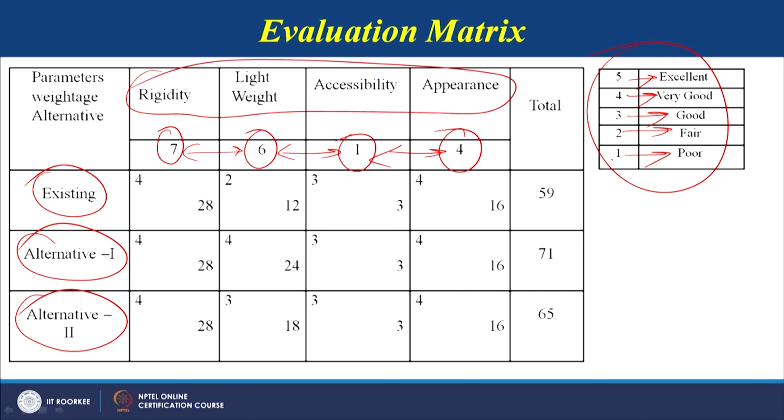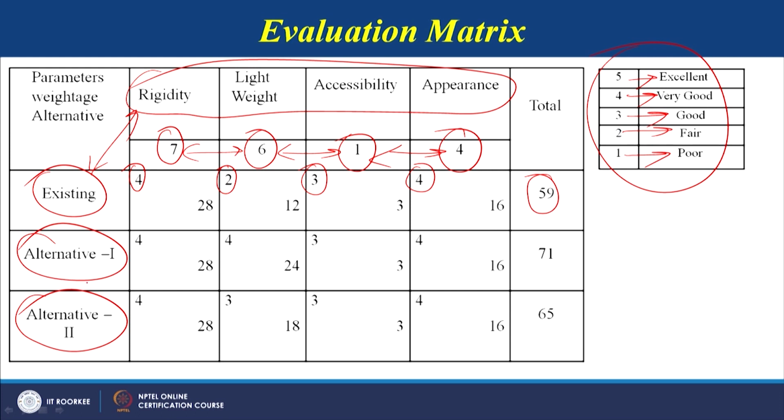Now we give a score from 1 to 5. Suppose for the existing design, on rigidity the score is given 4, which means the rigidity is very good. Lightweight the score is given 2, accessibility score is given 3, and appearance the score is given 4. Then with the weightage, 7 into 4 is 28, 6 into 2 is 12, 3 into 1 is 3, 4 into 4 is 16, and the total score is 59.